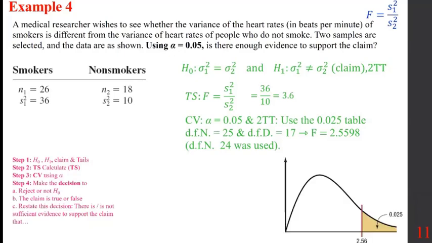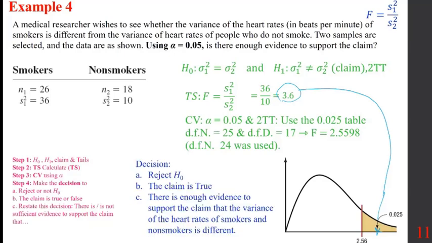So notice the area is 0.025. Now, where is the test statistic? Okay, when you look at the test statistic, it's way into the rejection region, where you reject H0. Because you're rejecting H0, loosely put, you're accepting H1, the claim becomes true, and you know the rest.